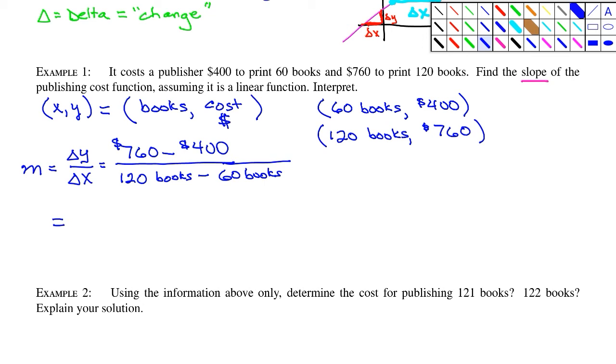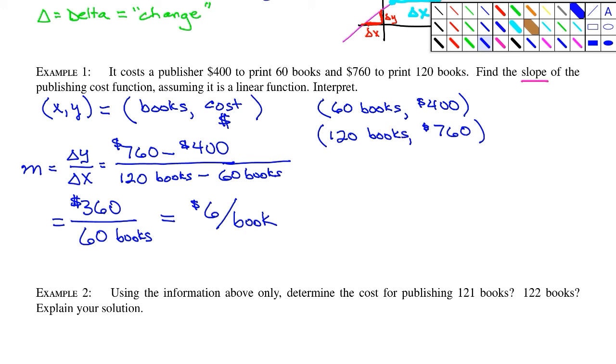So let's see what we get. 760 minus 400 is $360. Divided by 120 books minus 60 books is 60 books. And you do the division and you get $6 per book. So notice that the units provide for this slope. It's dollars per book. Those are the units.